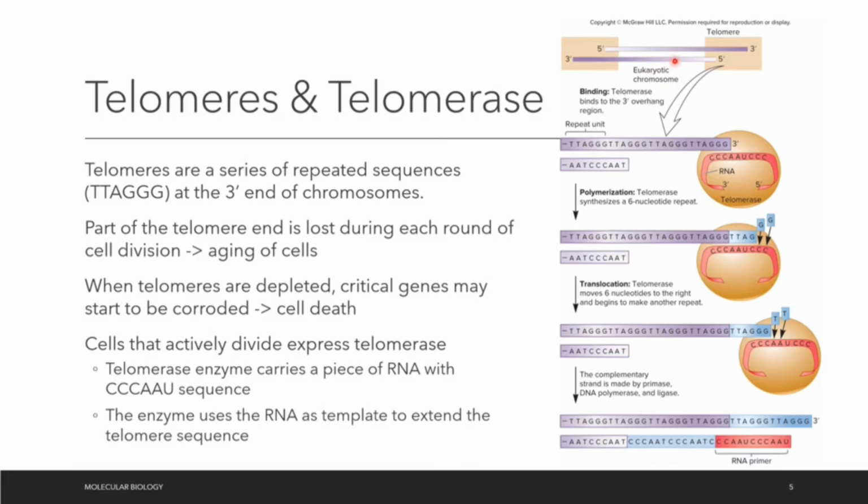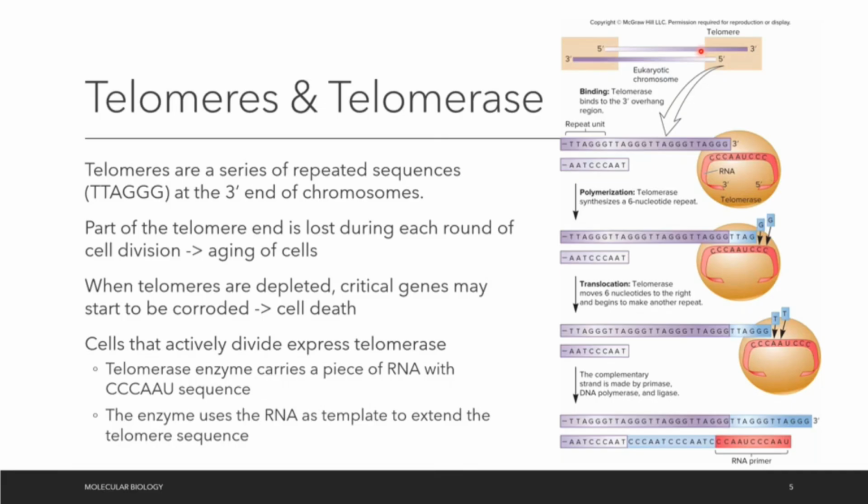And as the cell ages, after more and more replication has taken place, the telomere sequence will become shorter and shorter. When the telomere sequences are depleted, we will potentially have critical genes at the end of the chromosomes, which will be corroded as well, and that will lead to cell death.